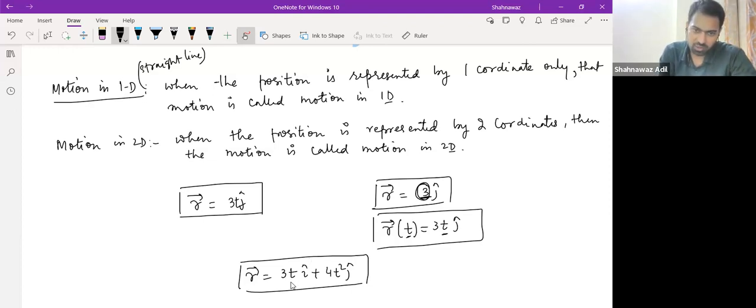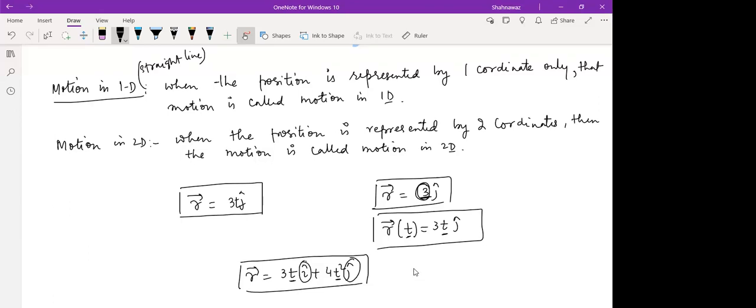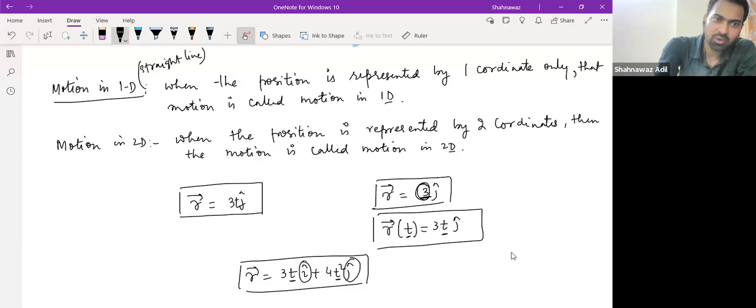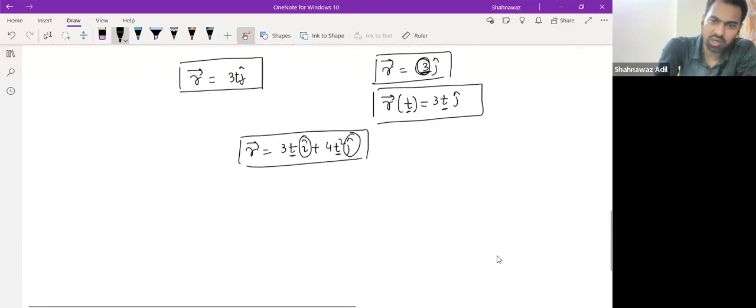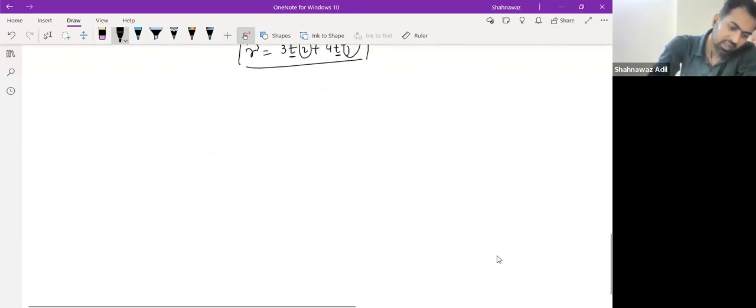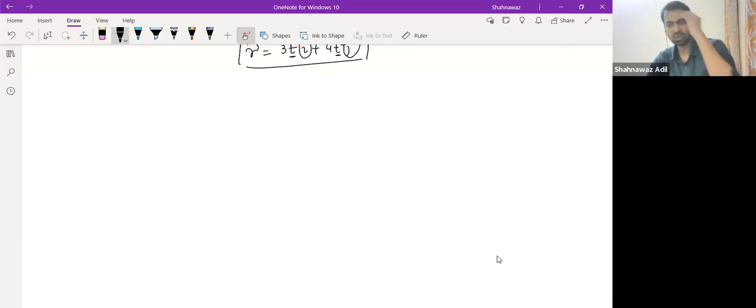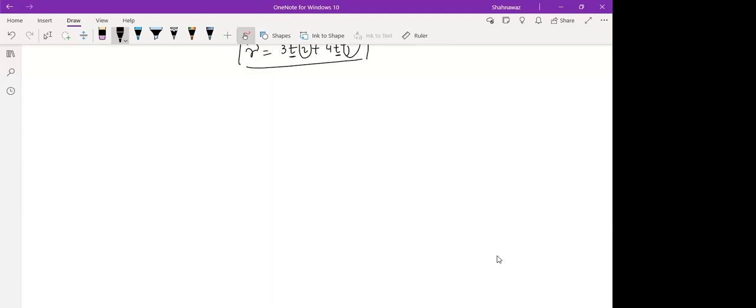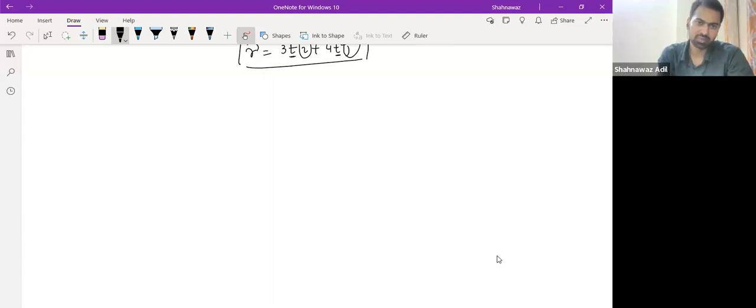Because the object is changing with time and we require two coordinates, right? Yes, sir. Okay. So this was about the motion in 1D and 2D. And then you can also define the motion in 3D. So in 3D, how many coordinates will we need? 3 coordinates, X, Y, Z, all right.